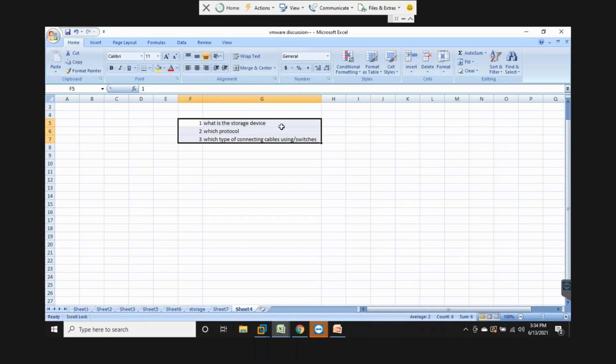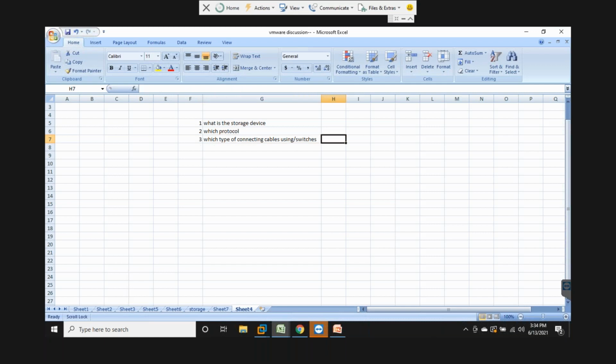Storage devices can be of many types. Similarly, your storage infrastructure can use a number of protocols. Similarly, you can use a device which is fiber channel. Data transfer in fiber channel is based on light, in the form of light.